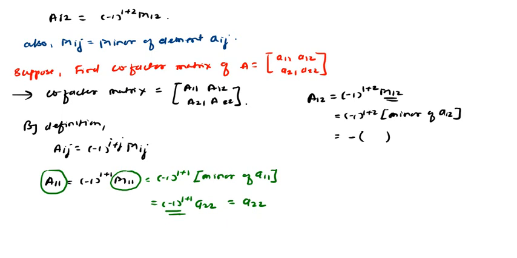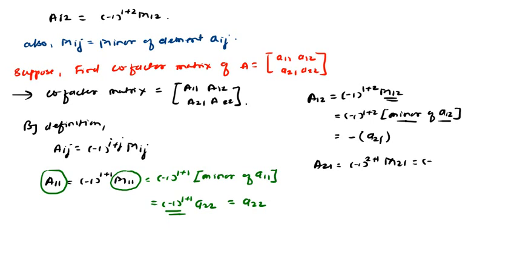Now see what remains for the minor of element a12. Hide the row and column where a12 is present. What remains? a21. So the value here is minus a21, the cofactor of the element a12. In a similar way we can find A21. This will be minus 1 raised to 2 plus 1 into M21.